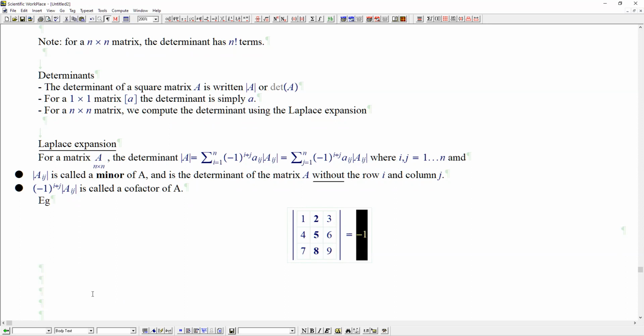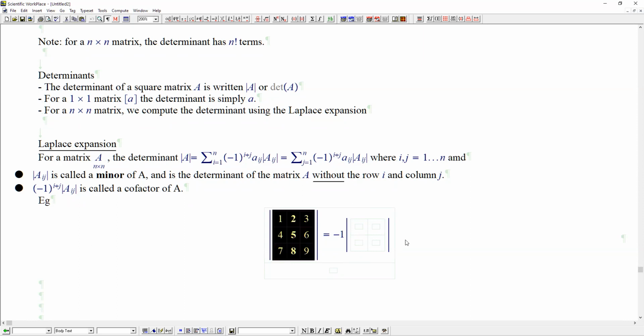All right, so -1 times the determinant of, let's just take everything and then delete stuff. It's easier.